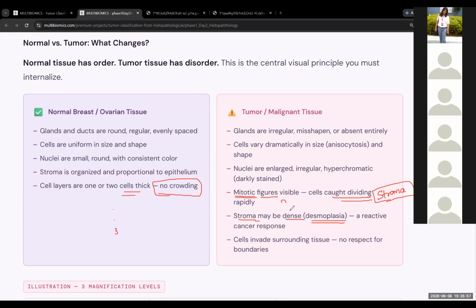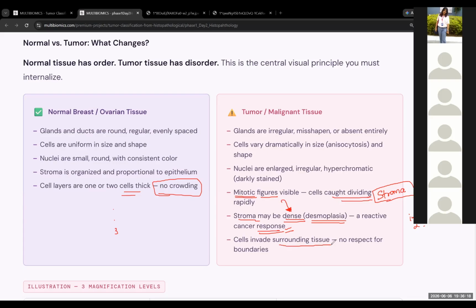Again, why? Because all the biomolecules are here because they want to help the cancer cell to divide more. It is a response to cancer. So here you have your immune cells and fast dividing machineries. All those things will be clumped at the stroma. So stroma will be dense.